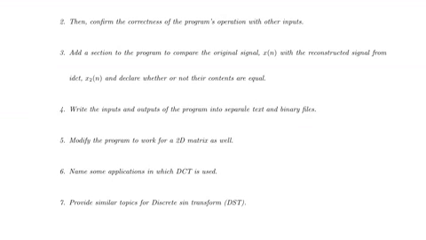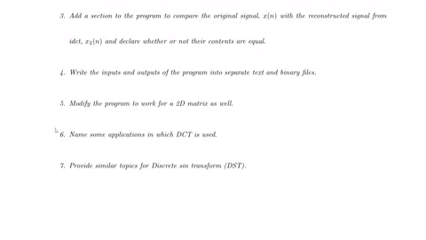So you will get familiar with how to generate and write data into files as ASCII or text or binary files. Modify the program to work for a 2D matrix as well. Name some applications in which DCT is used. Provide similar topics for discrete sine transform, DST.